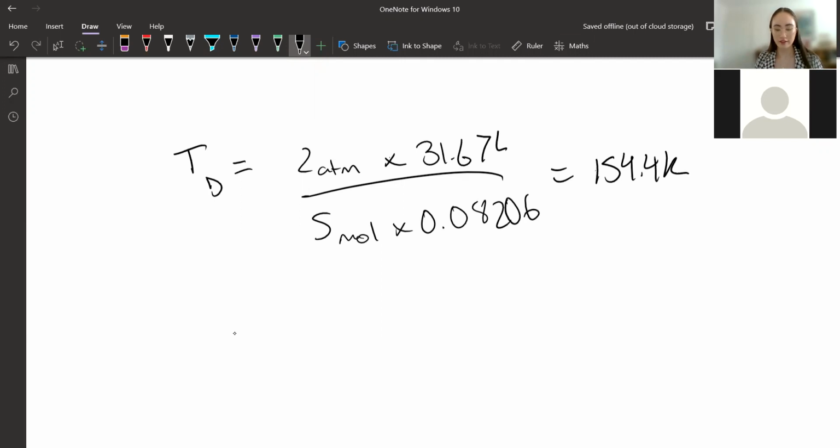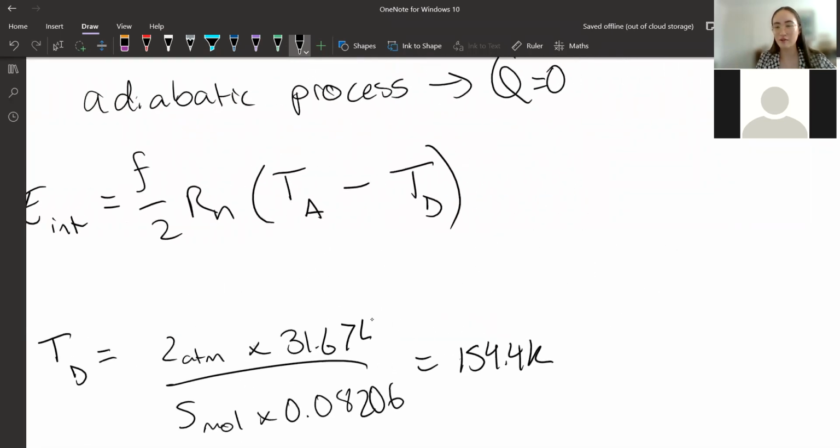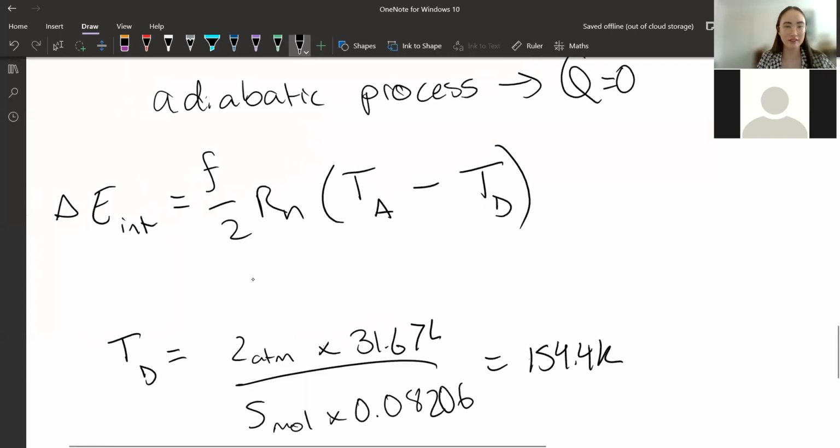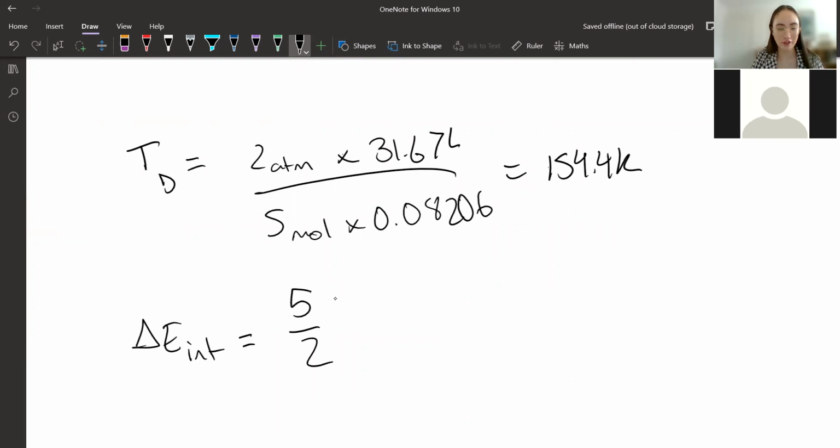And so we'll just stick that into our equation. Change in internal energy. We found out before that our degrees of freedom were 5, and this temperature is even lower than the previous one, so it's definitely still no vibration. That's just f is 5 on 2, our degrees of freedom over 2. This time, we'll just put it in SI units.